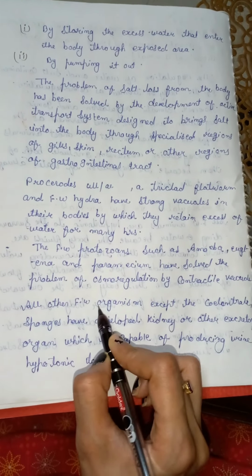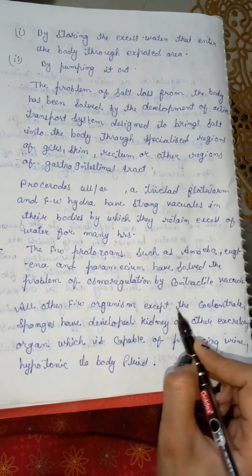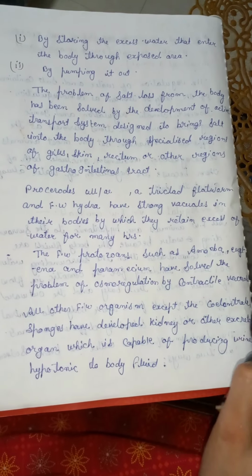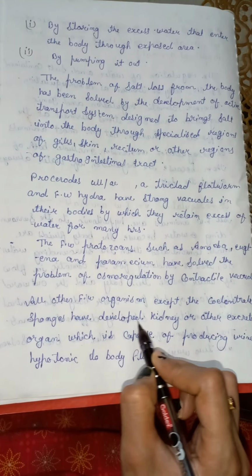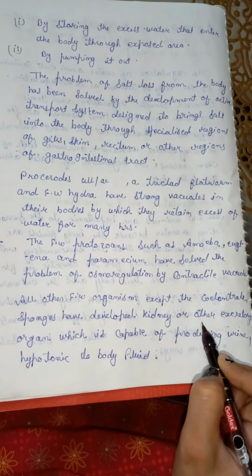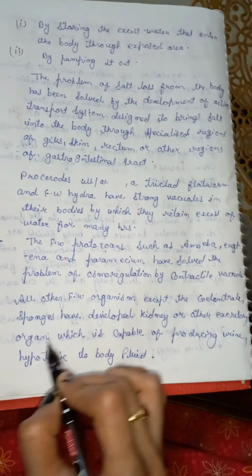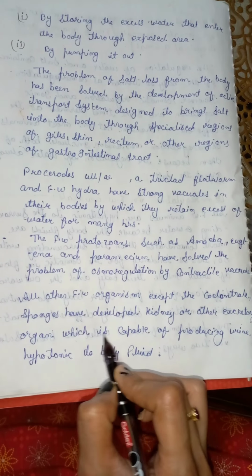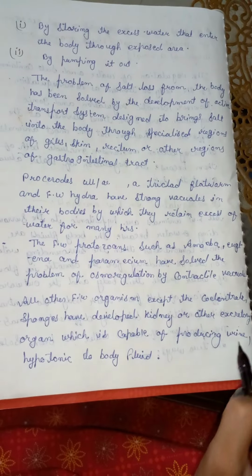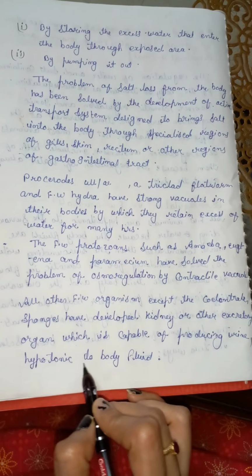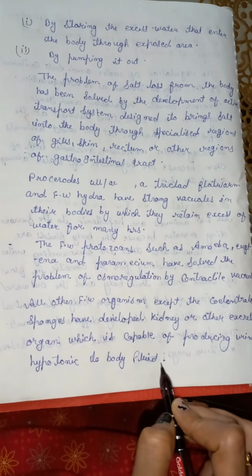All other freshwater organisms except the coelenterates and sponges have developed kidney or other excretory organ which is capable of producing urine hypotonic to body fluid.